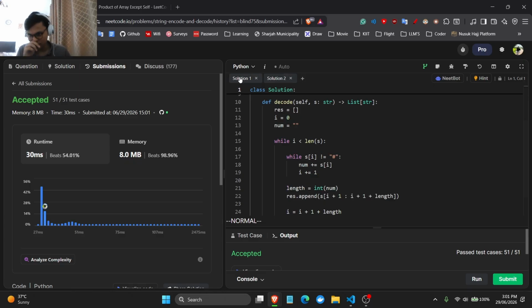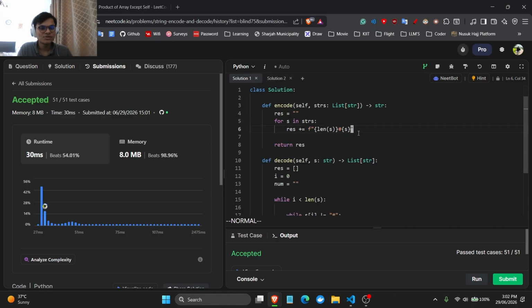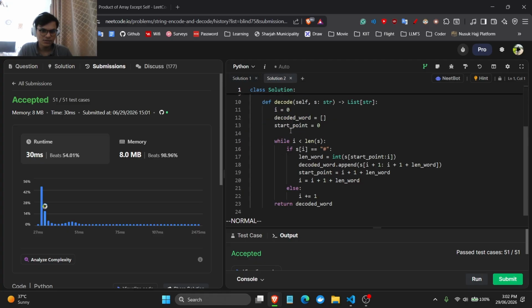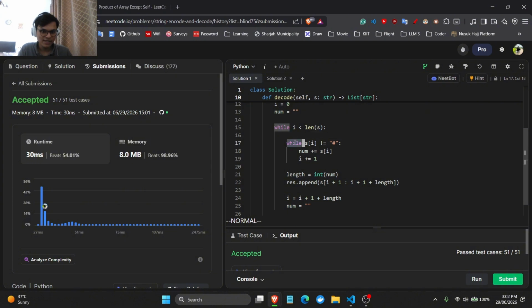Let's see my previous solution, how I did that one. This is much more elegant. So this was pretty much the encoding part was the same. We had resolution and num, num was that, and num को यहाँ int लिया हूँ. Anyhow, so we say while s is not equal to hashtag, we say num plus equal this, and I is equal to I plus 1.